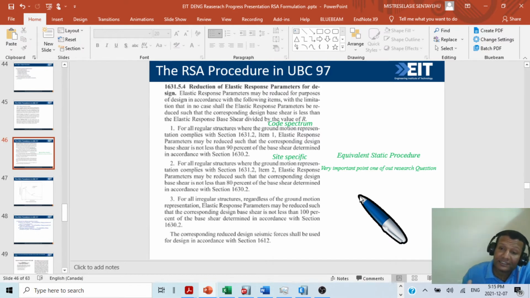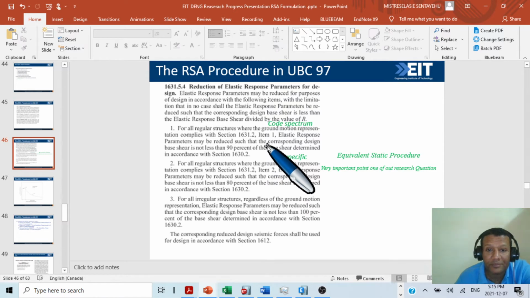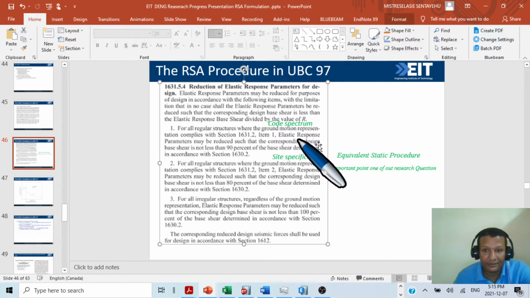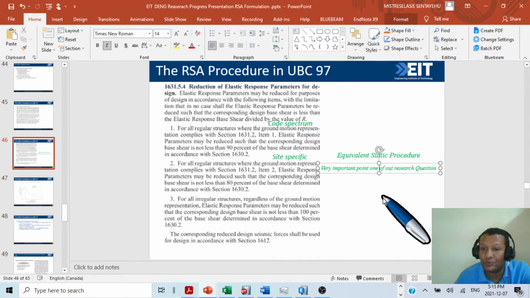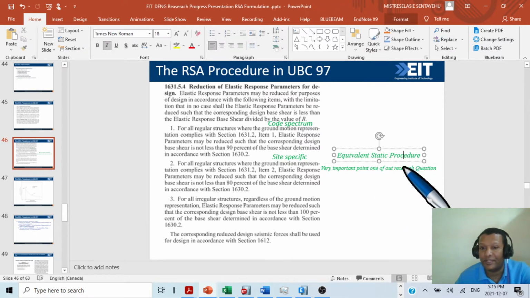If it is less, then we have to scale it up at least to become 90% of the ELF, equivalent static procedure. Very important point for our research as well, and that is the question.